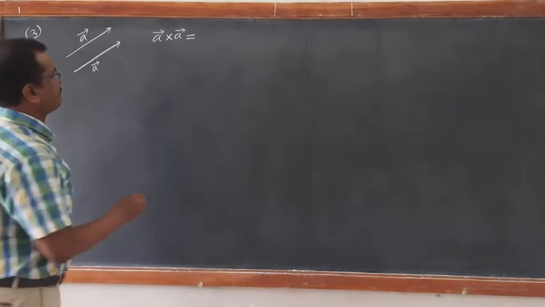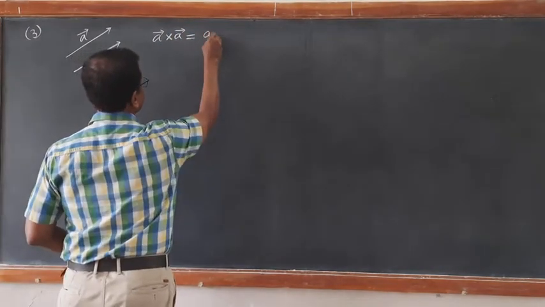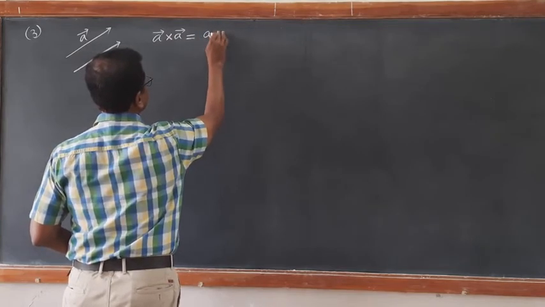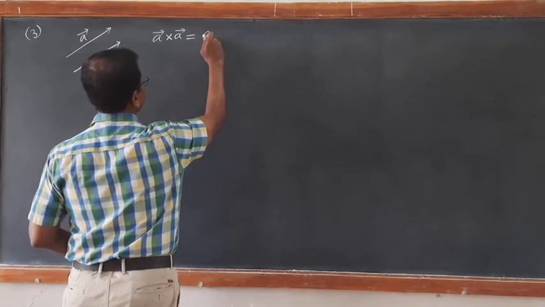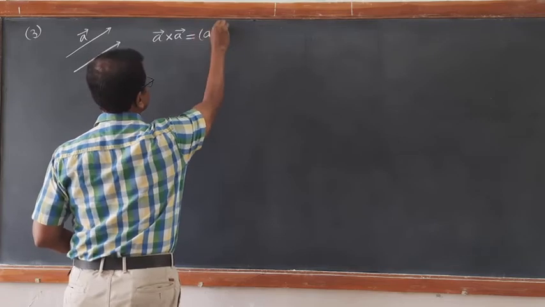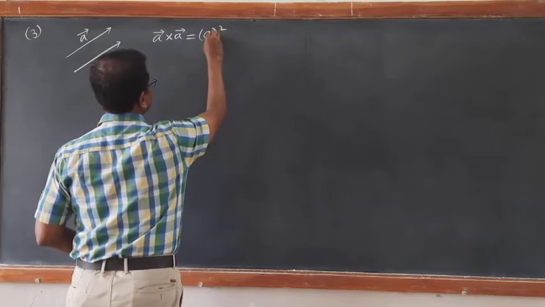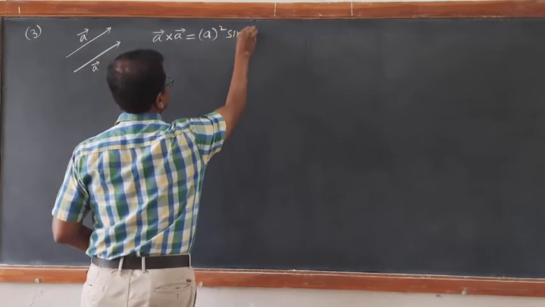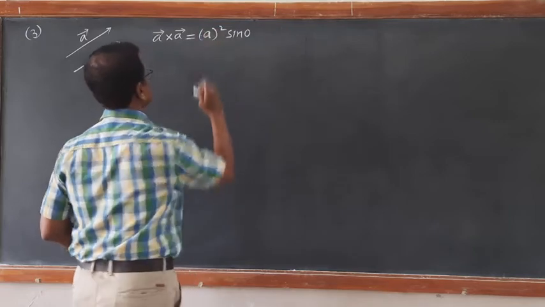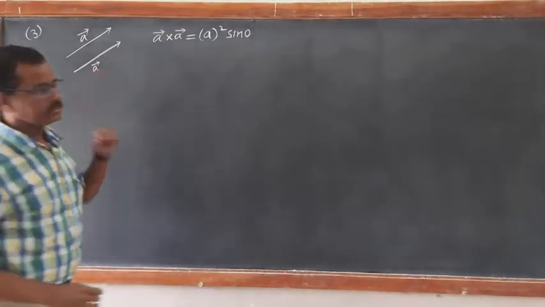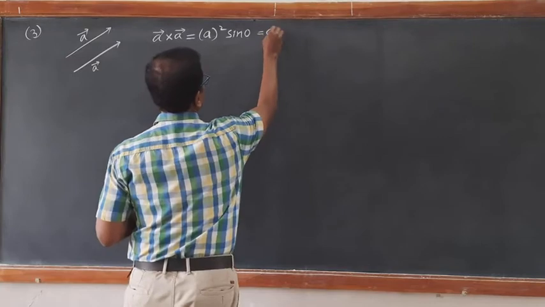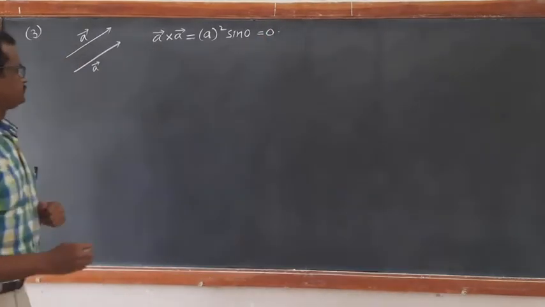Why? Because A cross A can be written as magnitude of A into magnitude of A, which gives us A square into sin 0. Sin 0 gives us 0. So therefore it gives us 0.